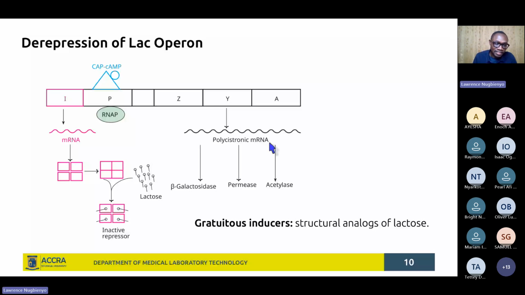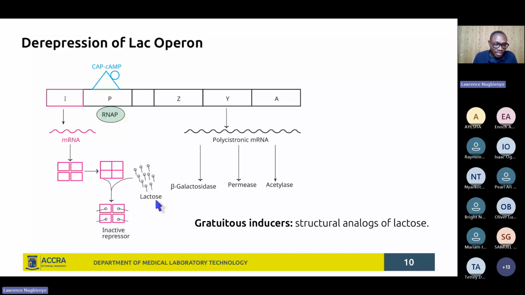Now let's take a look at the mechanism of action of the inducer. And the inducer will be what? The inducer is lactose. The inducer is lactose. So lactose is the substrate upon which the bacteria should be acting. It's a milk sugar that E. coli should be breaking down to get energy from.